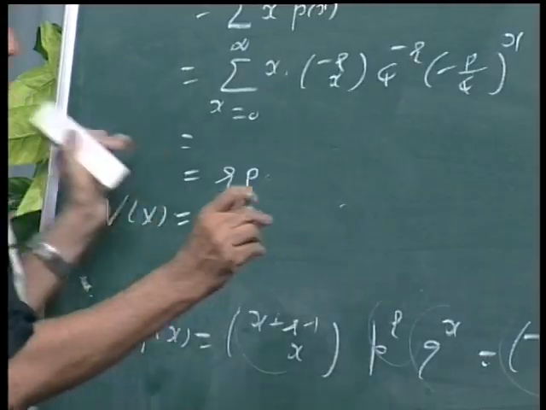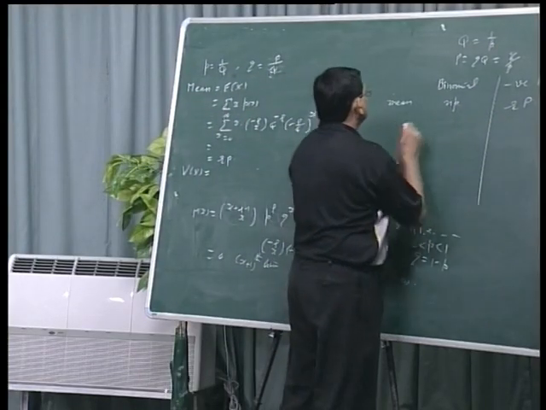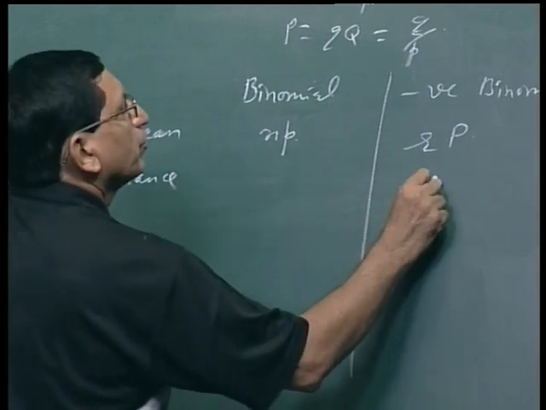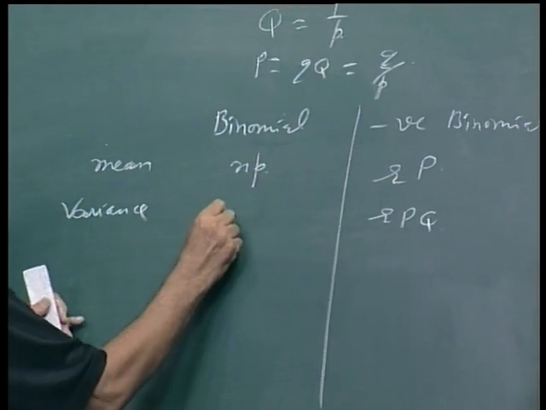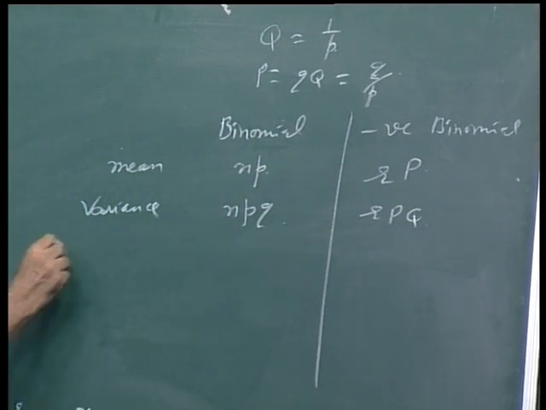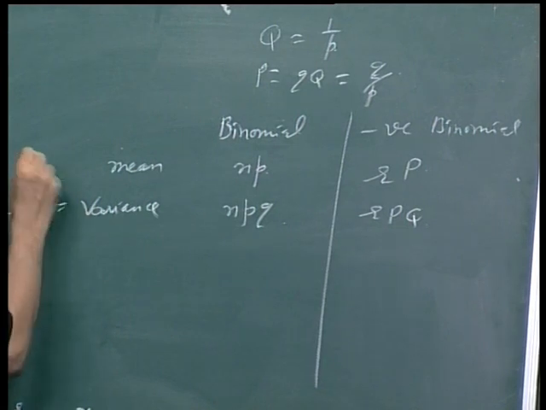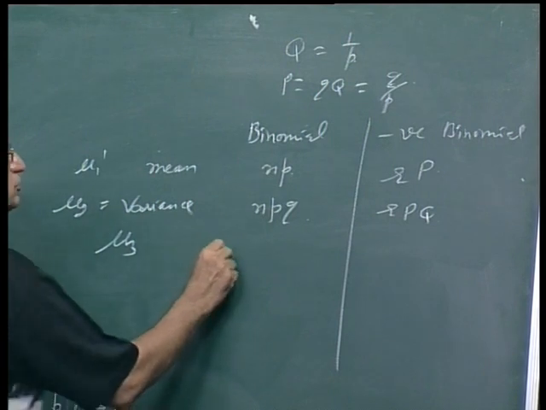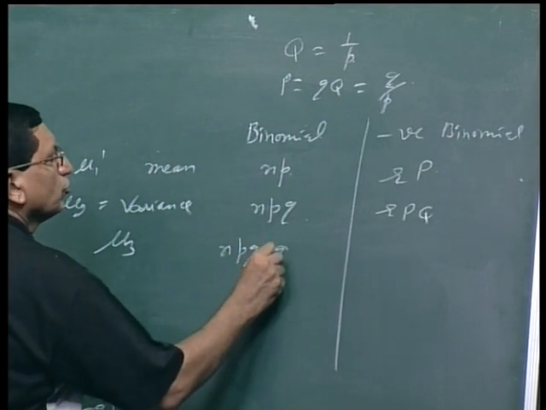So variance becomes rPQ. If you remember, in that case it was npq. Then this is mu2, this is mu1 dash. Similarly, if you find the third moment, it was npq into q minus p.